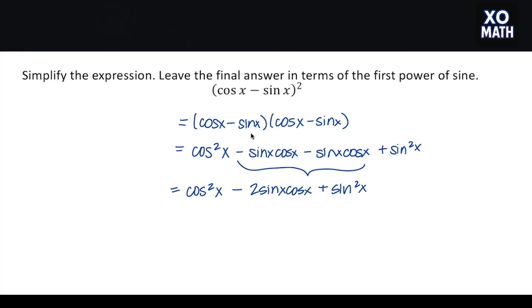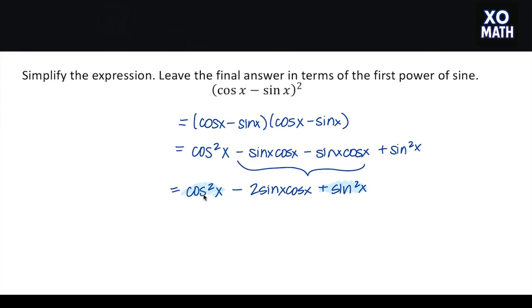sine squared x. Okay, so now what I'm going to focus on is the cosine squared x plus sine squared x. Even though they're not next to each other, that's okay. We can rewrite these terms so we can switch the places here if we want, so that we can see sine squared x plus cosine squared x is equal to 1.